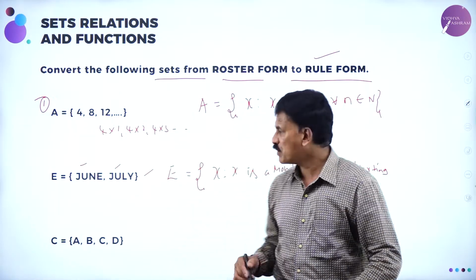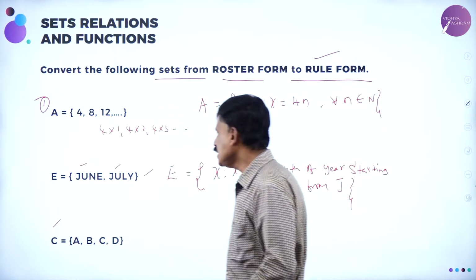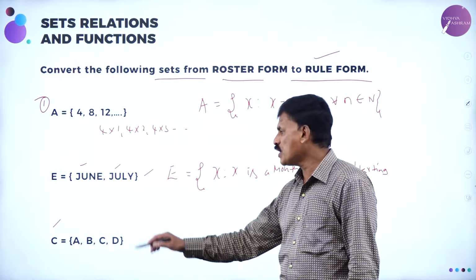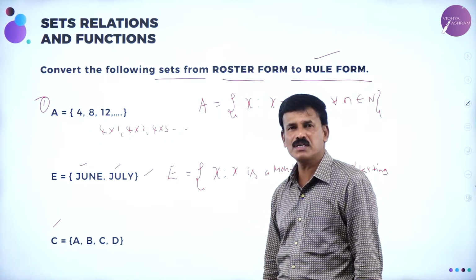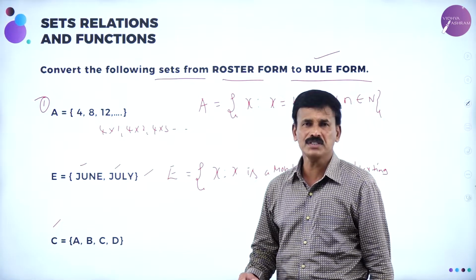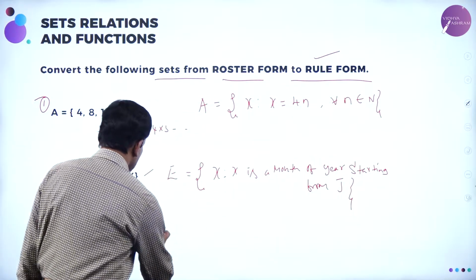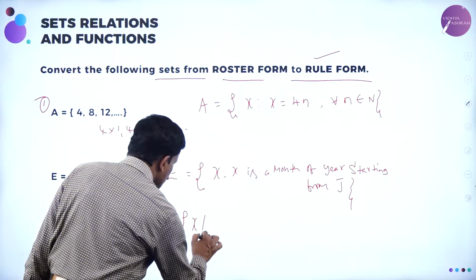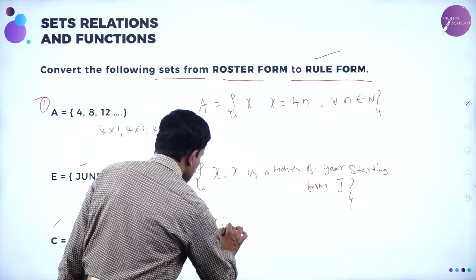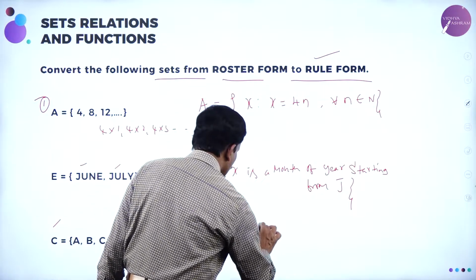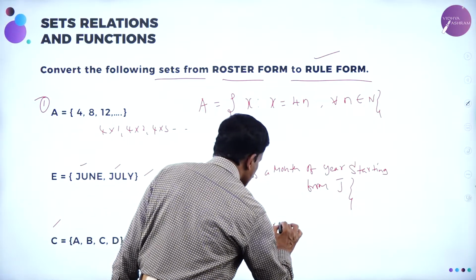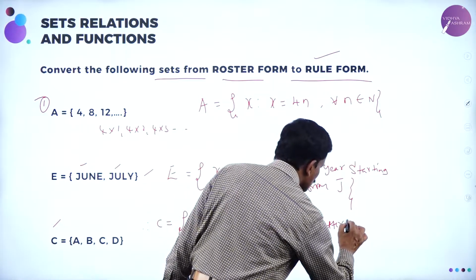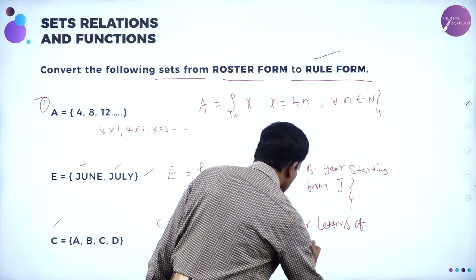Now for the third problem, what is the third problem? C is equal to {A, B, C, D}. The set C is equal to A, B, C, D. If you observe carefully, these are nothing but elements of the English alphabet. So this can be written as C is equal to {x such that x is one of the first 4 letters of the English alphabet}.